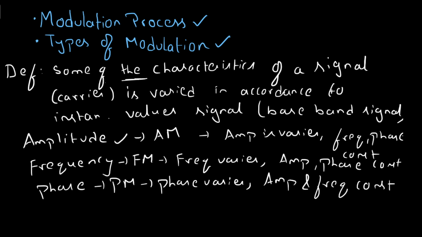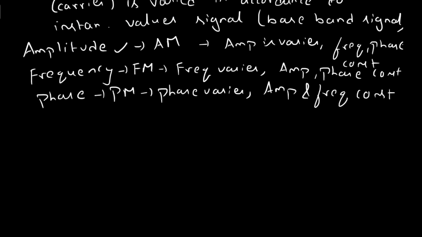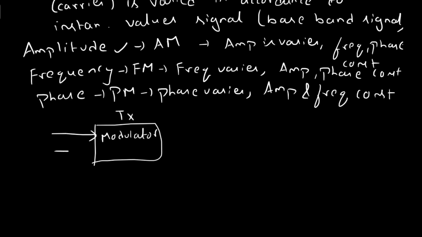Okay, now here we have a circuit which is called a modulator at the transmitter side. So here you have to apply two input signals.